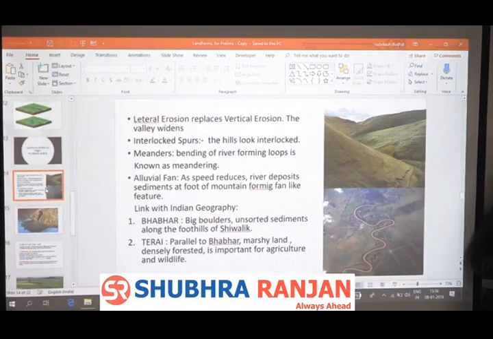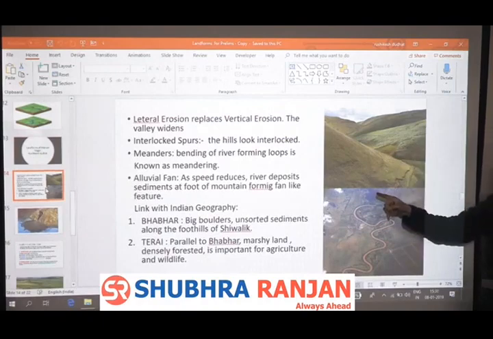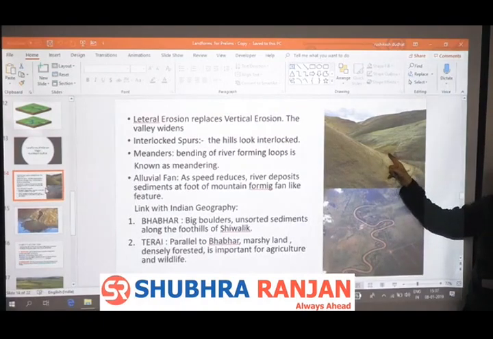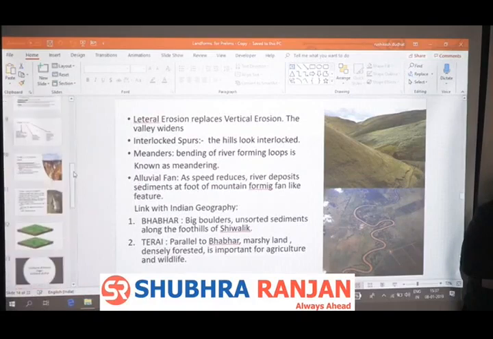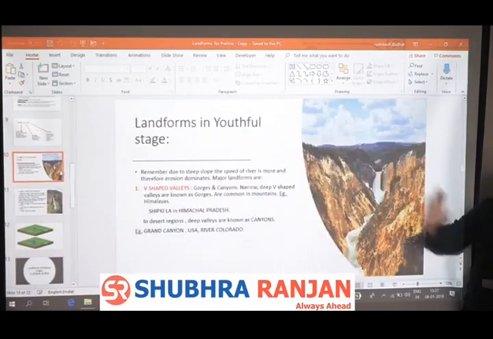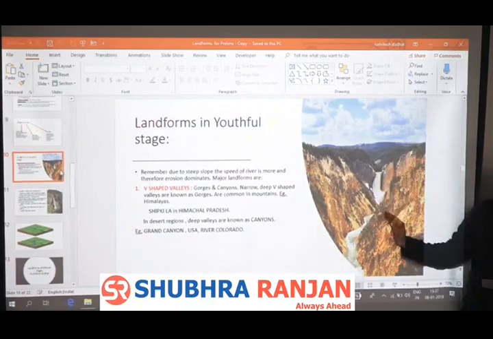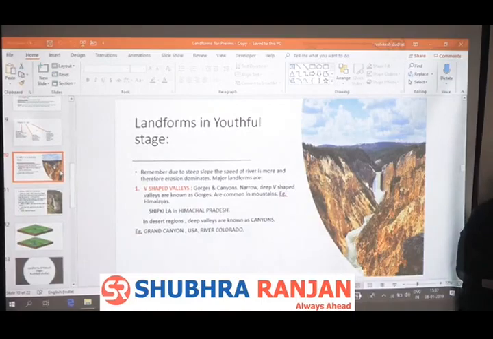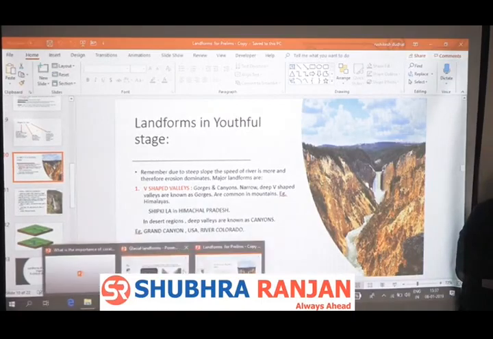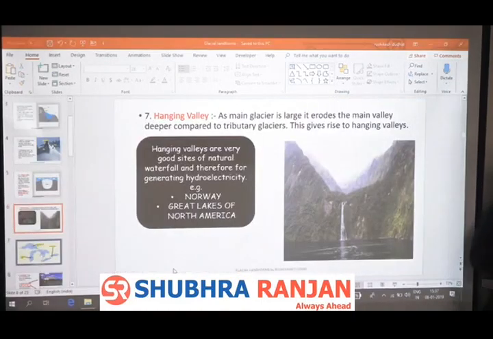Which valley? V-shaped valley. Getting it? And the foot of the mountains, they are interlocked. Here you can take another example of somewhat V-shaped valleys. If there had been a glacier, this would have been a U-shaped valley. So this is an example of a U-shaped valley.